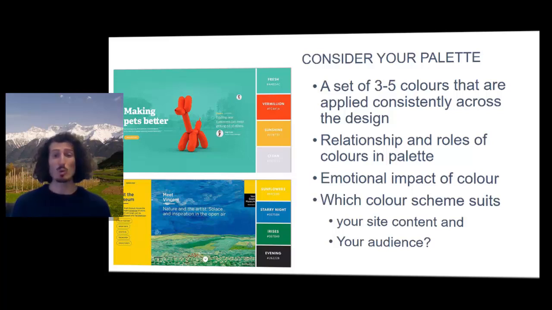Remember some of those good websites that I showed you back in the last video? A lot of those websites were using a consistent palette. And also, it's often hidden from view, but a lot of thought has gone into making sure that the emotional impact of the color fits with the site content and fits with the audience. So here are 2 great examples of where the colors fit with the content.